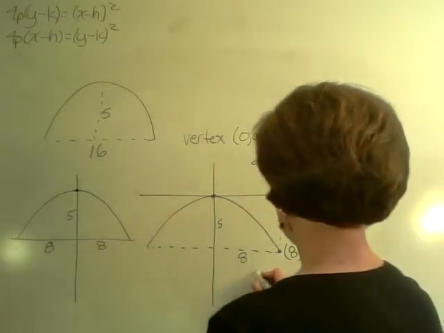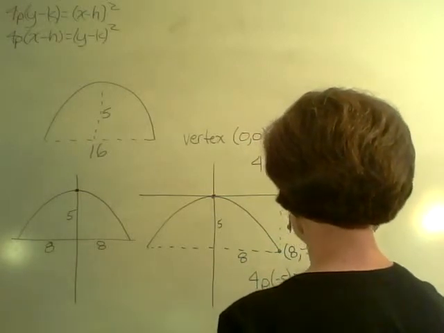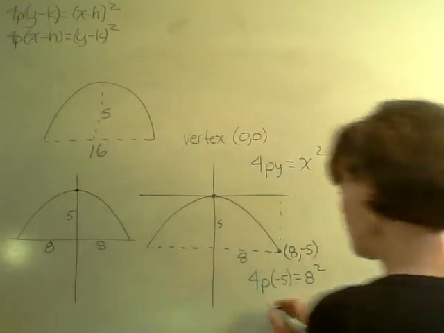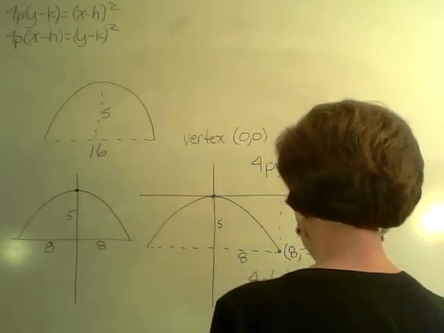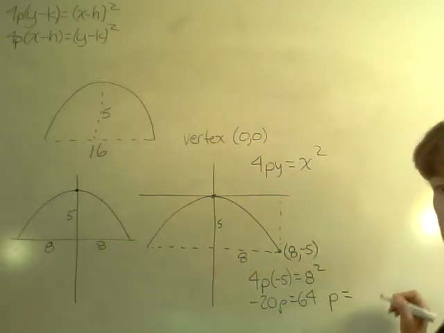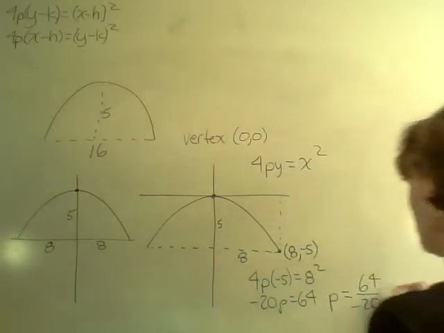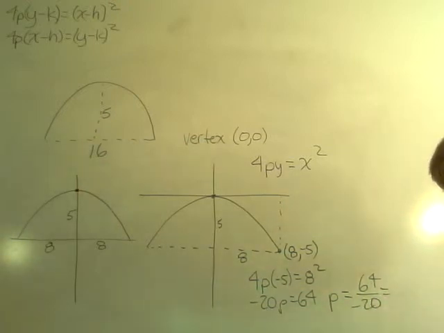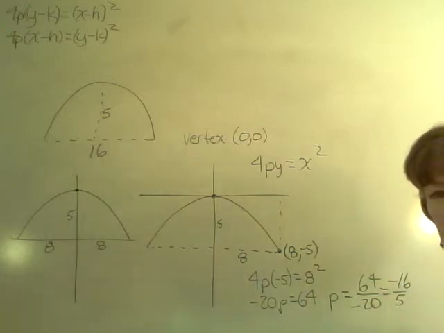Let's do that. 4p times negative 5 equals 8 squared. That means negative 20p equals 64, or p equals 64 over negative 20. I can reduce that, they both are divisible by 4, so p is negative 16 fifths.